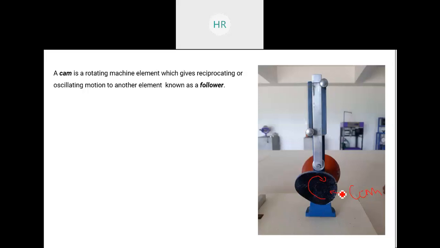Because of its rotation, the element present over here will have the oscillating or reciprocating motion. This reciprocating or oscillating element is called follower. Now, why is it called follower? Because it is simply following the profile of this cam. It will follow the shape of the cam and accordingly perform the up and down movement.